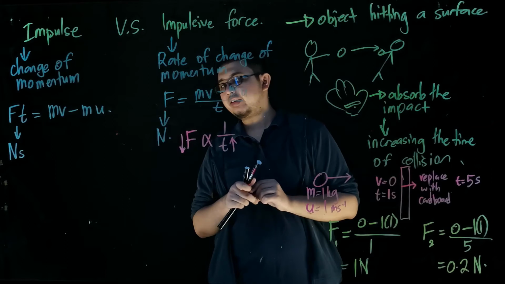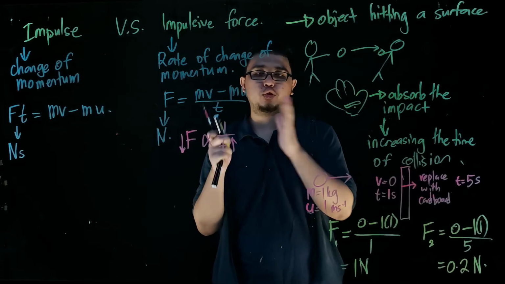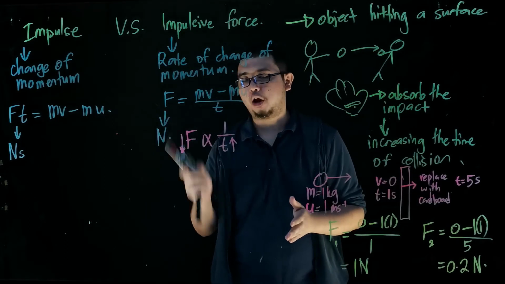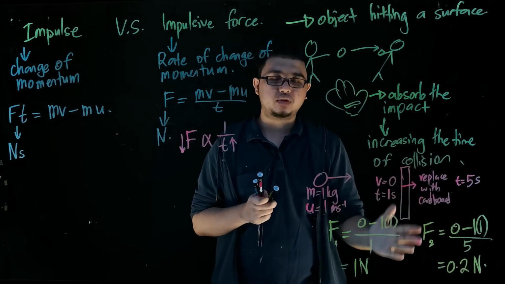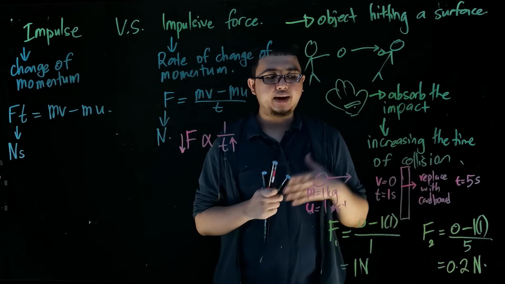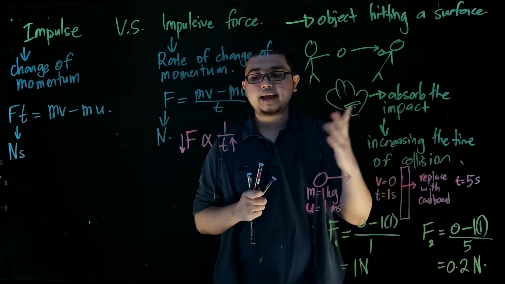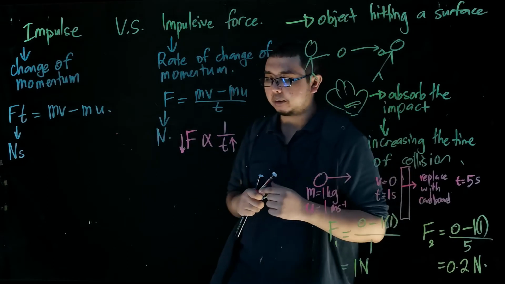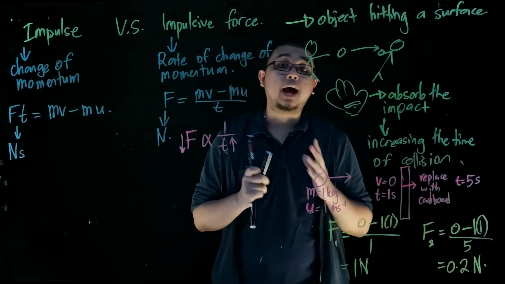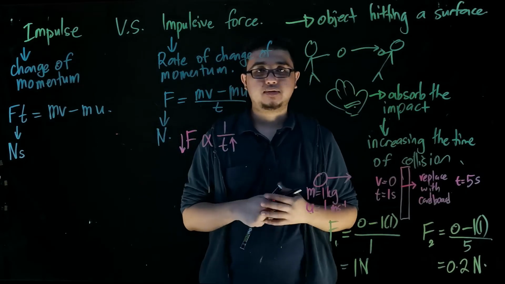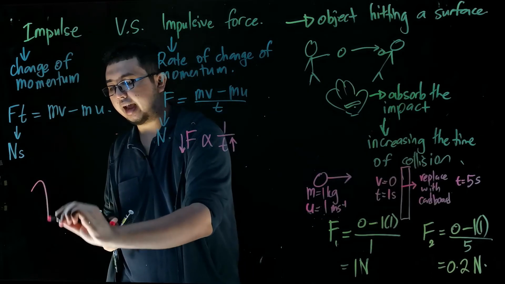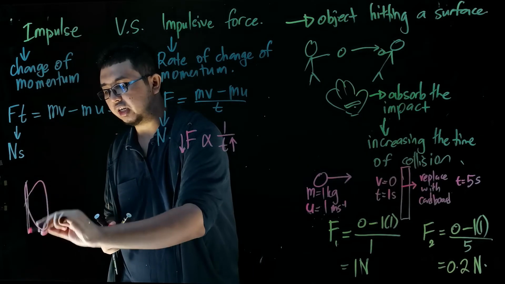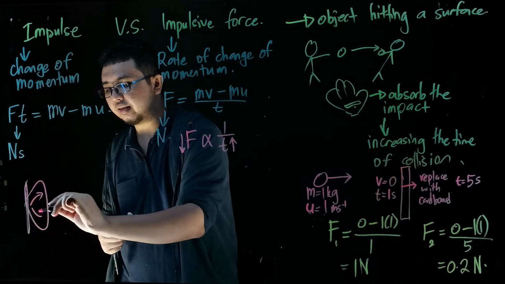So by increasing the time of impact between two objects, or between an object and its obstacle, you can greatly reduce the impulsive force. You can greatly reduce the damage. That's why when we talked earlier about inertia, we talked about how our airbag system works. In the airbag system, during collision, it releases the airbag.